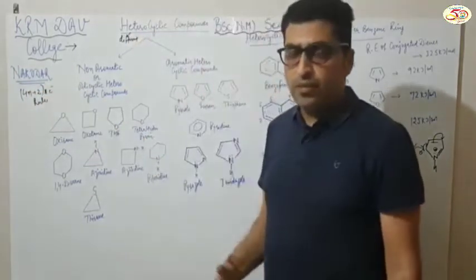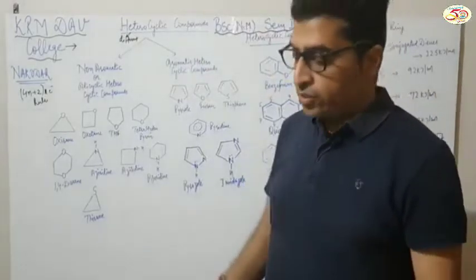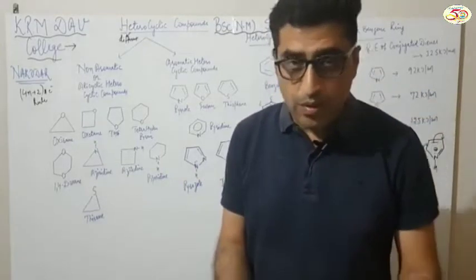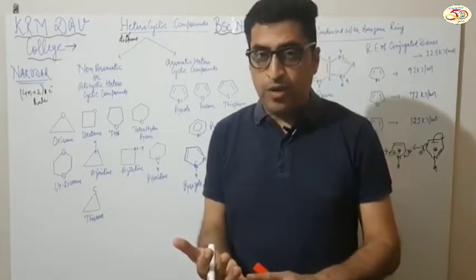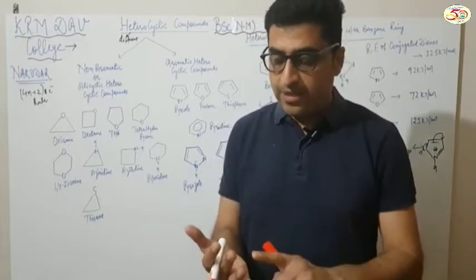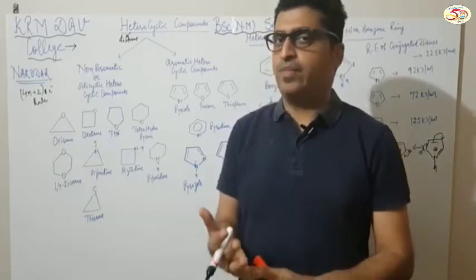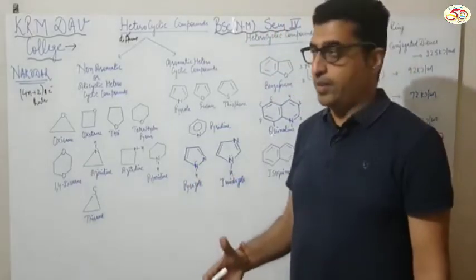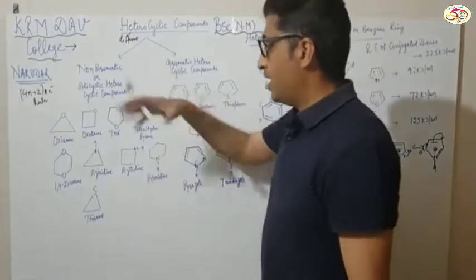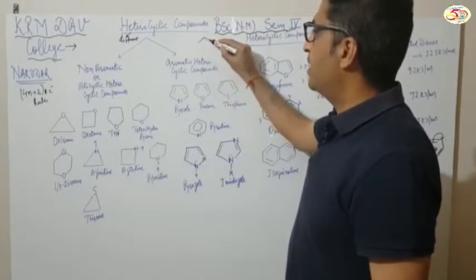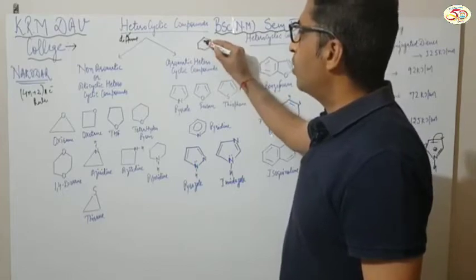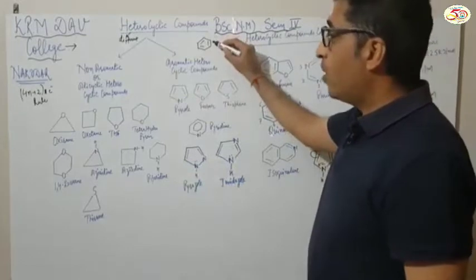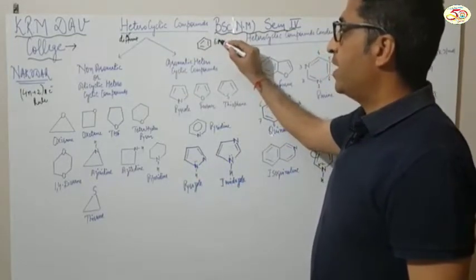Here n is a number that may be 0, 1, 2, 3. So the basic point is aromatic compounds are those compounds which follow Huckel rule. There is complete delocalization of pi electrons, and third, the molecule must be planar. We can understand the topic only if we know what aromatic compounds are. A simple example of an aromatic compound is benzene, and we know a lot about benzene and its derivatives. It has a 6 pi electron cloud.